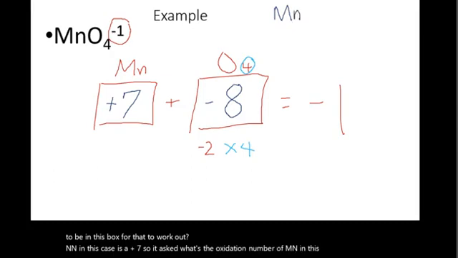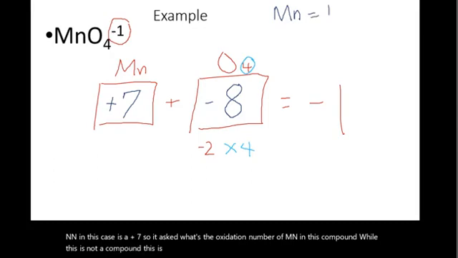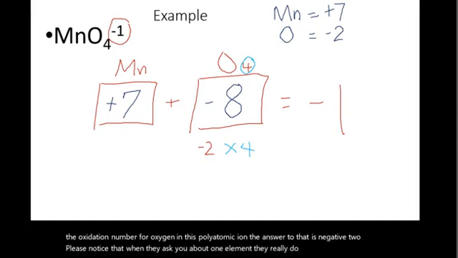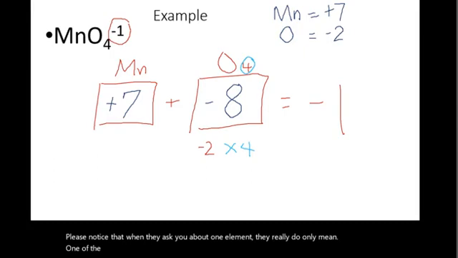Well, this is not a compound, this is an ion. The answer would be +7. And if it asked, what was the oxidation number for oxygen in this polyatomic ion? The answer to that is -2. Please notice that when they ask you about one element, they really do only mean one of the elements, and so each one of them was a -2.